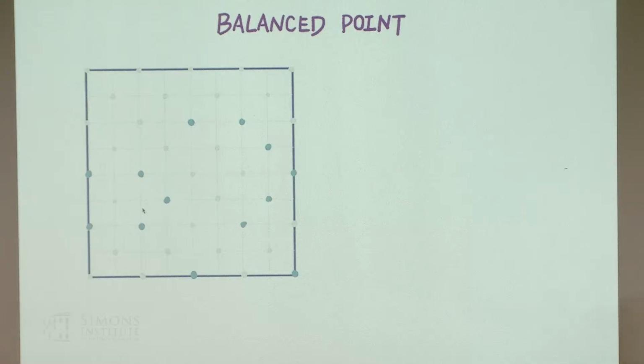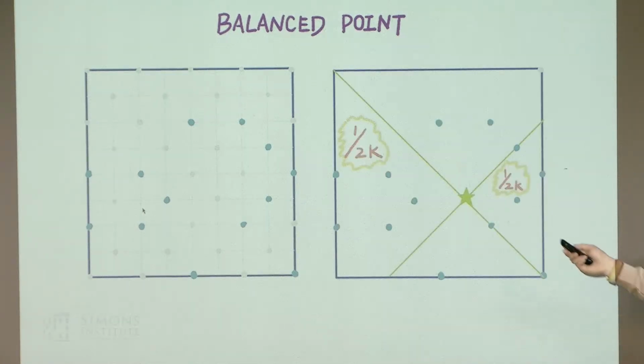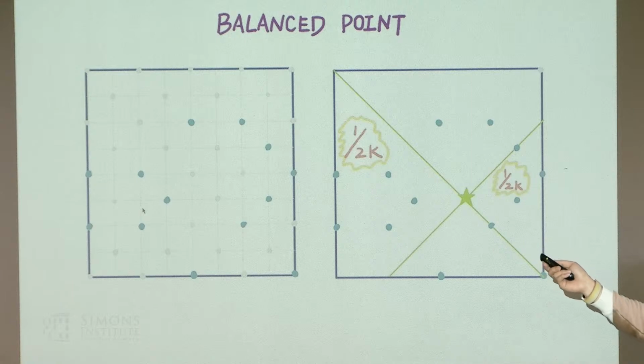And we don't have any structure guarantee of those points. It's just an arbitrary subset of these grid points. Now we want to show that there always exists a so-called balanced point, where as long as you query it, you can eliminate a large fraction of the candidate points. So probably this lemma is a little bit overkill because we do have some structure of the candidate points, but the shape is weird. We don't know how to work on it.